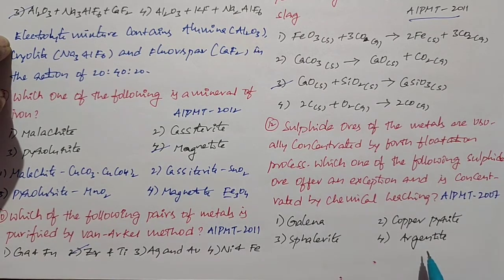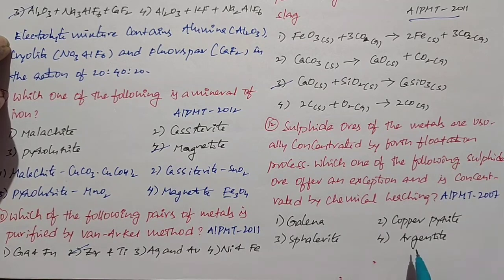Actually, silver and gold both are extracted by the leaching process.